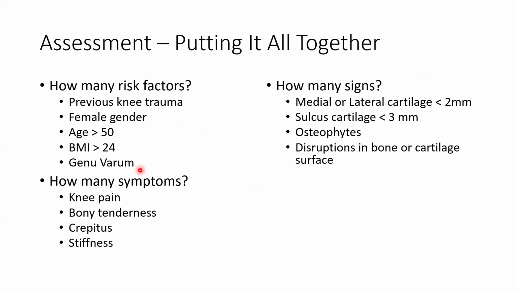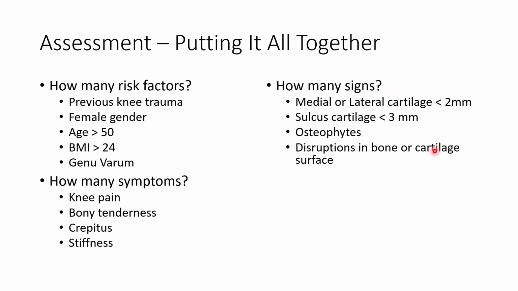So when you talk to them and you ask them about their knee history, height and weight, observed genu varum, how many of these risk factors do they have? Likewise, how many symptoms do they have? Do they have knee pain? Do they have the tenderness when you palpate, the creaking feeling when they move their knee, or bad stiffness in the morning? How many of these signs do they have?